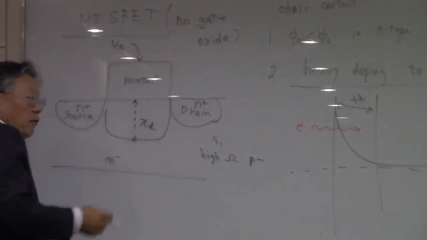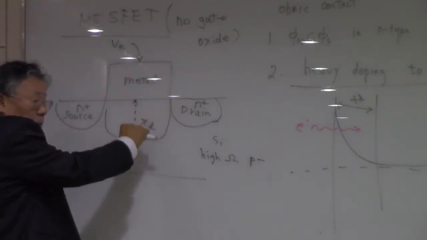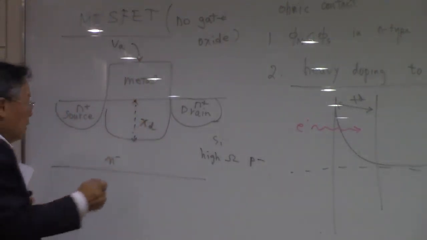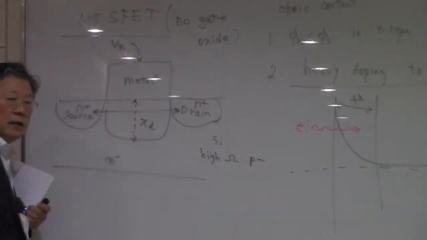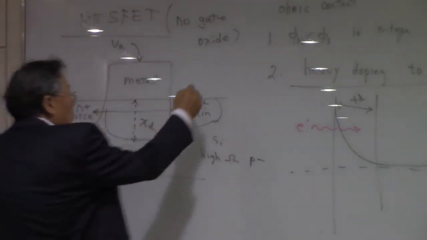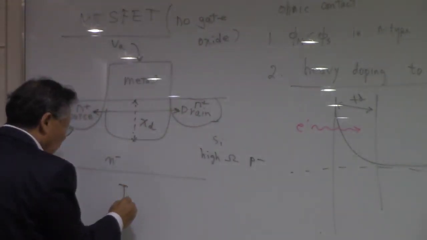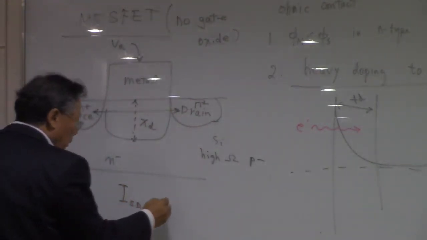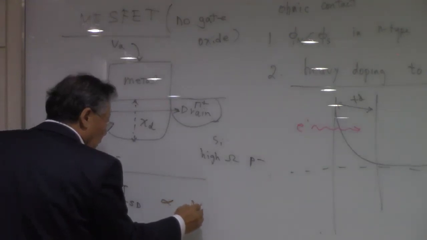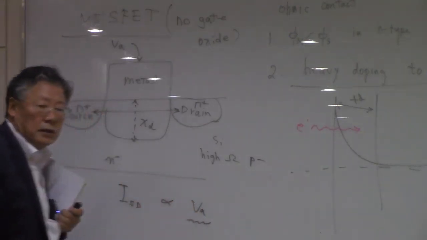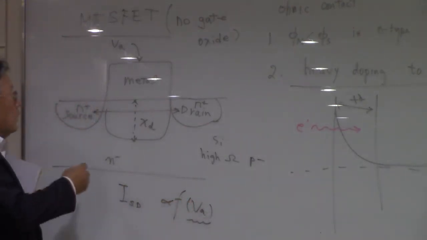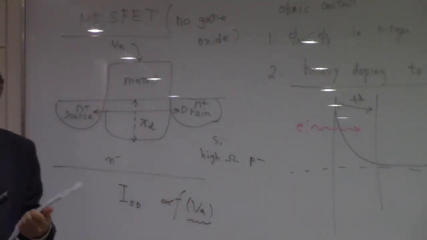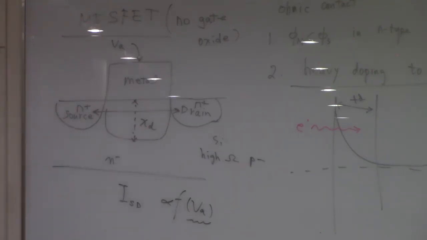And depending on the VA, we can change the length of the XD so that we can modulate the resistance between source and drain. Okay, so the current between source and drain is going to be modulated according to the application of the voltages. Okay? That's how this MESFET transistor is going to work. That is the working principle.